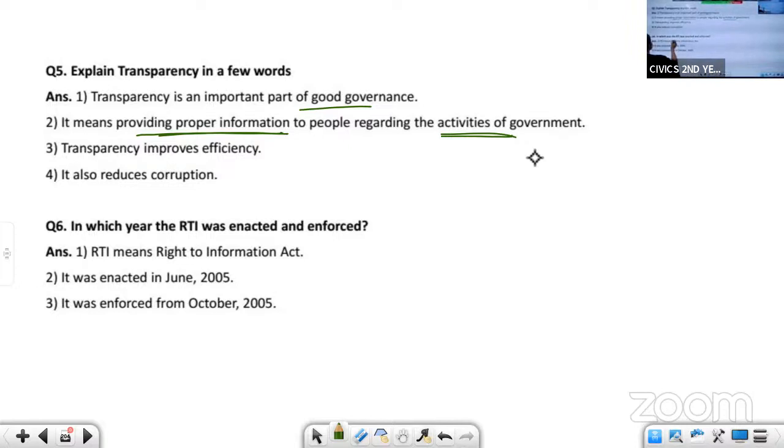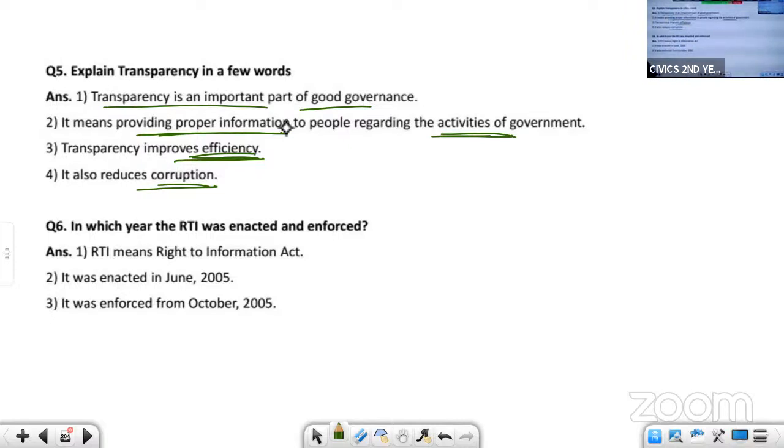This transparency will improve efficiency because we don't know what will be asked. So all the officers or all the departments will try to work efficiently, properly, and it will reduce corruption. Why is transparency required? Because whatever government is doing, the people have right to know about it. The information belongs to the people only. So transparency is an important part of the governance.